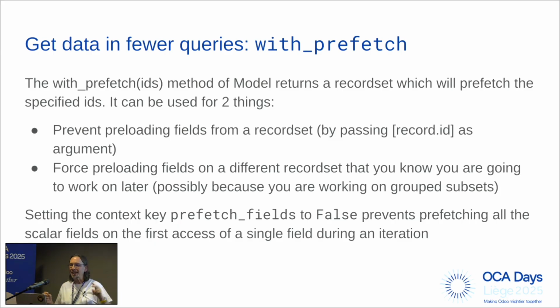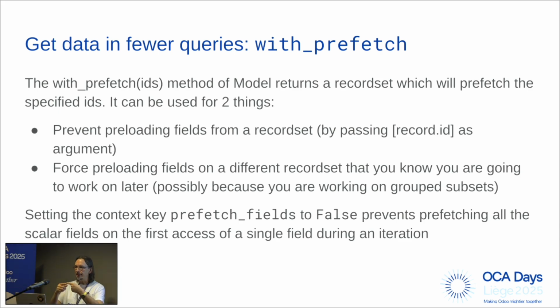with_prefetch can be used for two things. What it does is you take a record set, you say with_prefetch and a list of IDs, and it returns a record set.